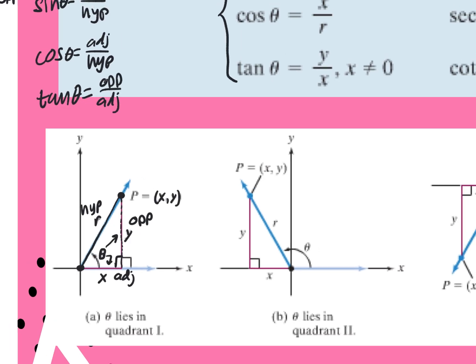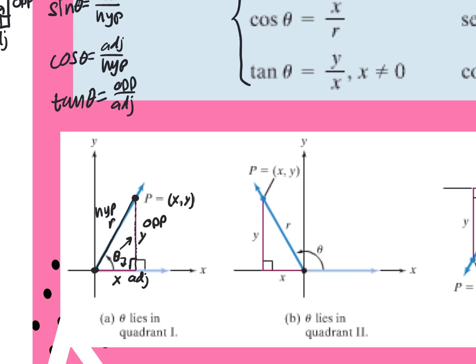What you should take from this right now is that in the first quadrant, if you draw a little right triangle based on the point the angle passes through, you can label the sides as follows.